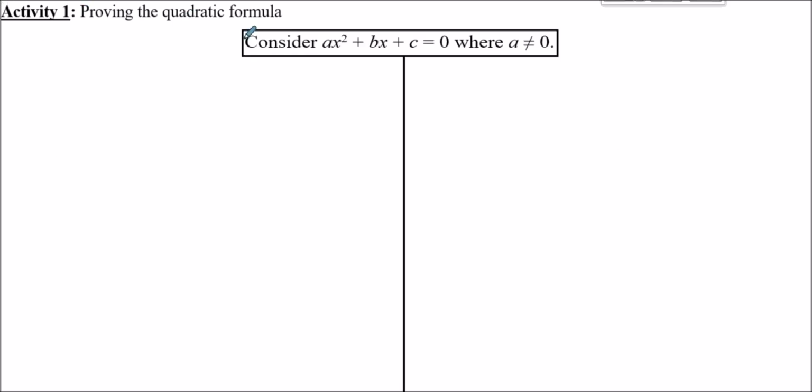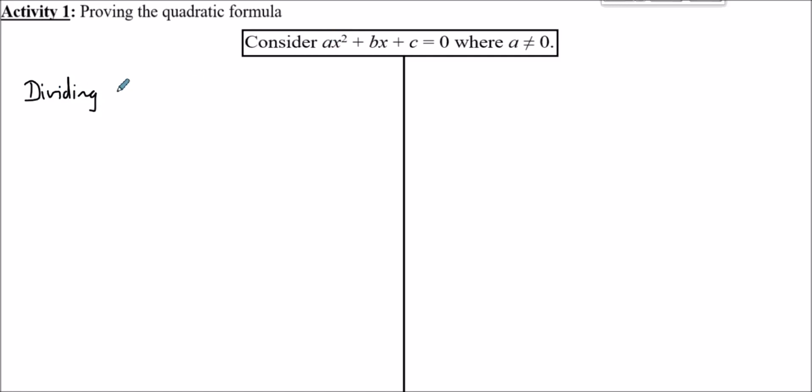So let's prove it. What I'm going to do first of all is set out my stall by saying that we'll just have ax² + bx + c equal to 0, where a itself is not 0. So we can complete the square on this, but like I mentioned before, if we're completing the square, we've got to make sure this coefficient of x² is 1. So to get rid of this a, we could just divide through by a.